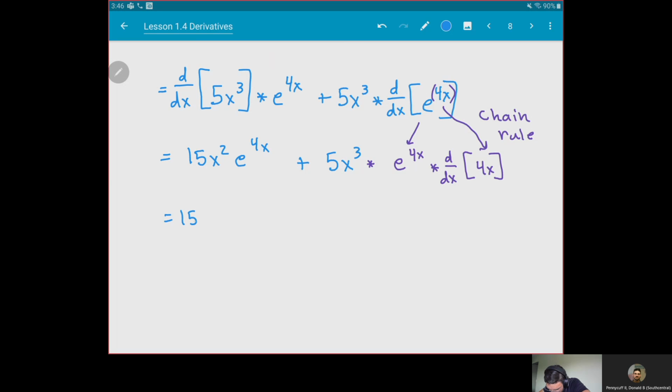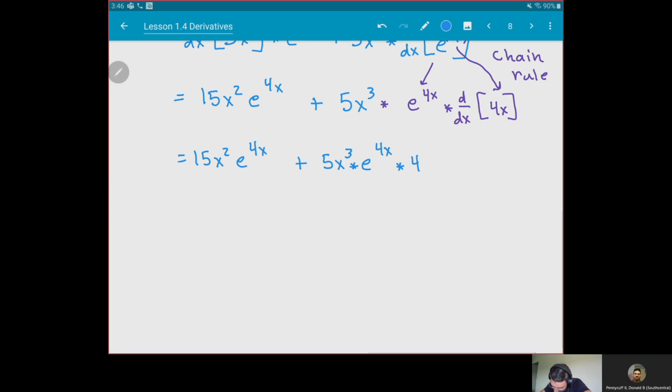So that's going to be 15x squared e to the 4x plus 5x cubed e to the 4x times 4. Okay. And so the derivative is 15x squared e to the 4x plus 20x cubed e to the 4x.